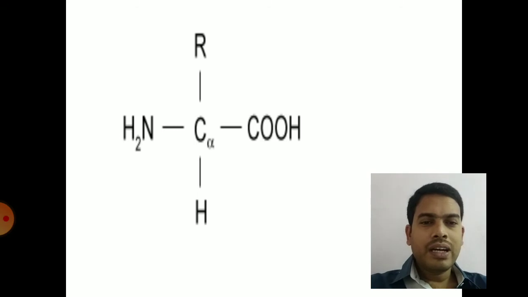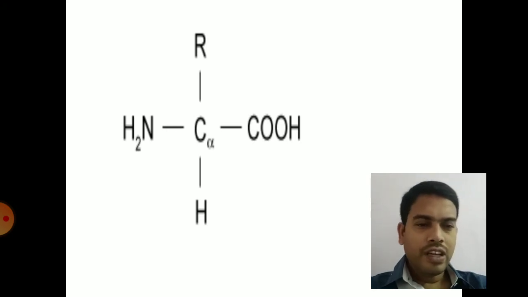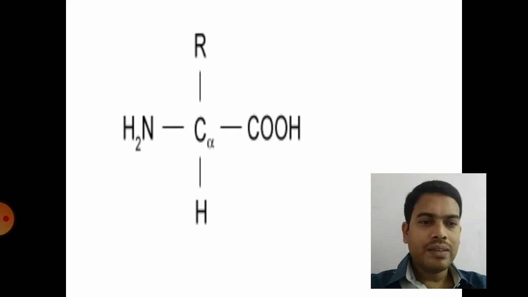So asymmetric carbon atom means a carbon attached to 4 different groups. Generally the valency of carbon atom is 4. So if the carbon atom is attached to 4 different groups, then it is called an asymmetric carbon atom. And the carbon atom that is attached to the functional group, here the first priority functional group is the carboxyl group, and the carbon atom attached to the carboxyl group is called the alpha carbon atom.